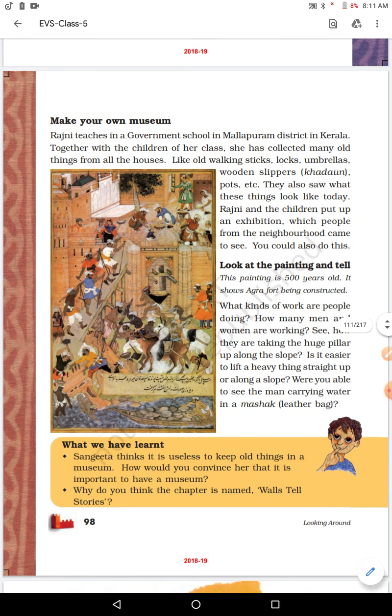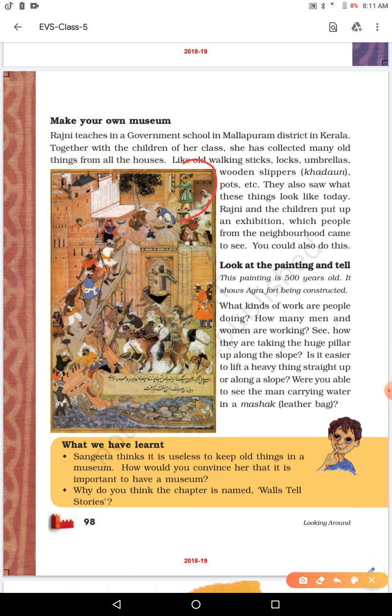And this, I think, is a person who guides them. So this is how a fort is being constructed, students. This is all about chapter number 10, Walls Tell Stories. I'll explain more in the recap. Some portion I left, so I will complete it in the recapitulation. Okay, thank you.